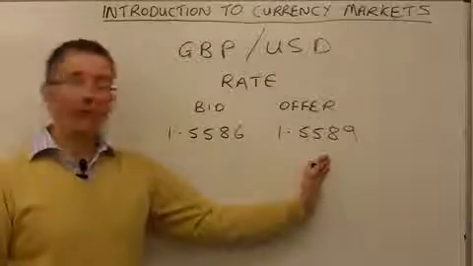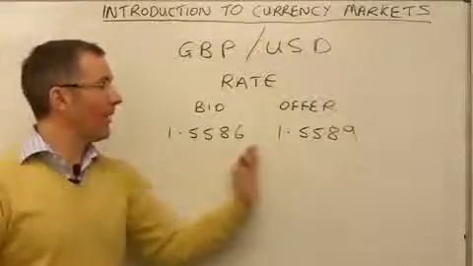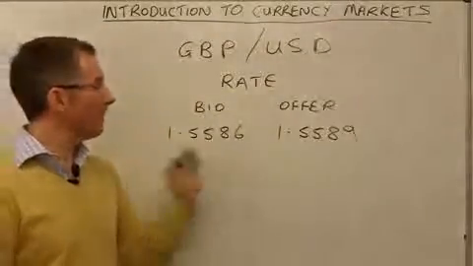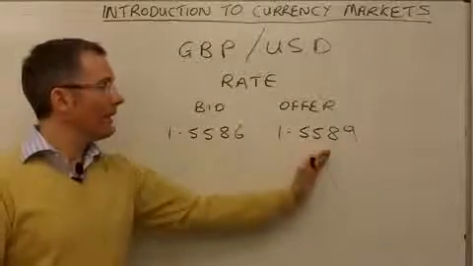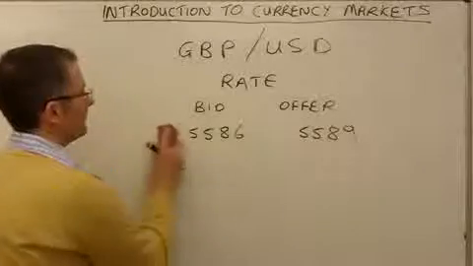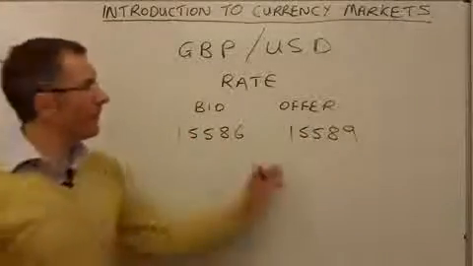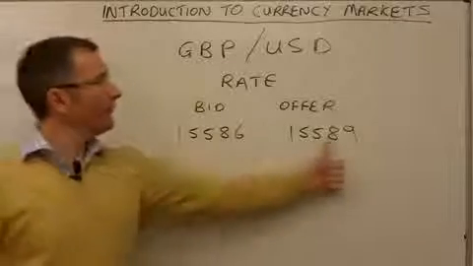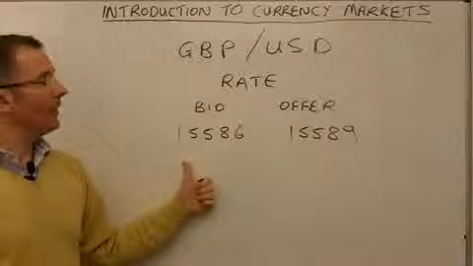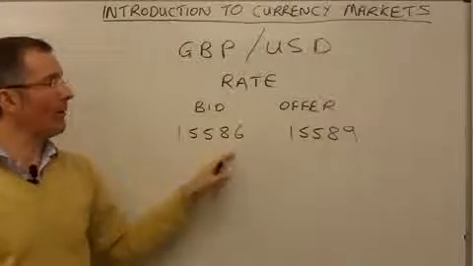Now, on a screen, it won't necessarily say that this is a dollar rate. It may just appear like that. It may even appear like that. But everybody knows that this is a currency quote. Once you know that you're dealing with this pair, you know that these are dollar amounts.